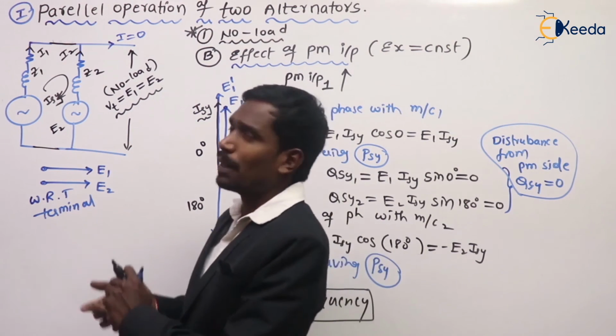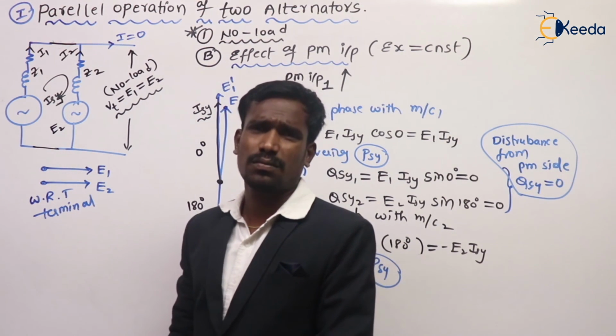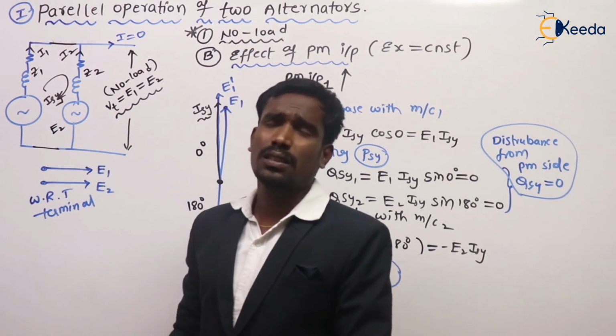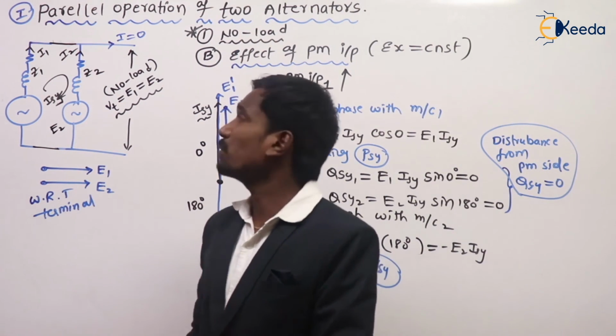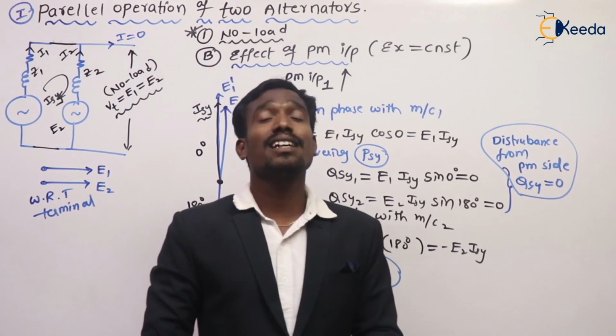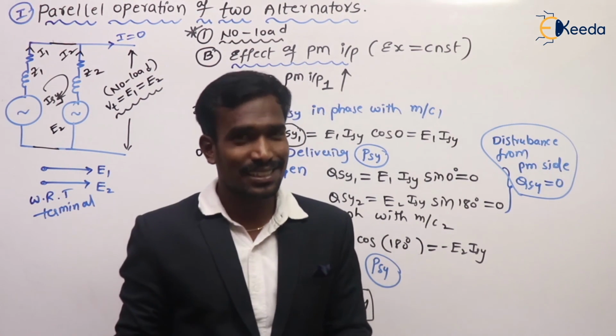If both prime mover inputs increase, then the frequency is maintained constant. If both prime mover inputs decrease equally, then the frequency remains constant. This is simply about the effect of prime mover input when excitation is maintained constant. Right? Thank you.